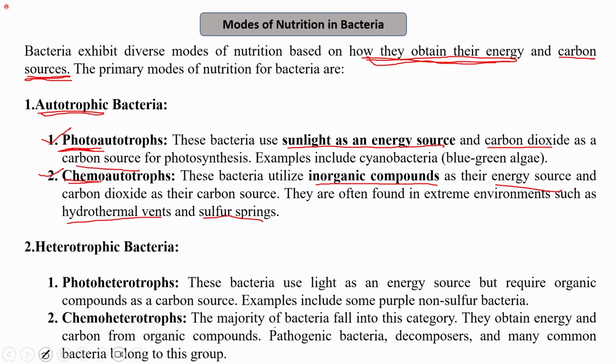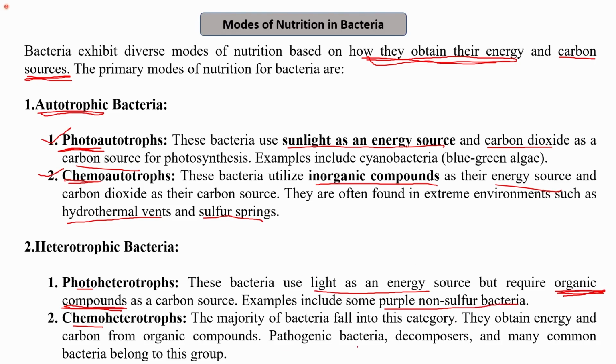The second is the heterotrophic bacteria. So again, they are divided into two groups, photoheterotrophs and chemoheterotrophs. Photoheterotrophs are the ones that use light as an energy source but require organic compounds as a carbon source. This is really important, that they are requiring organic compounds as carbon source instead of carbon dioxide. For example, purple non-sulfur bacteria.